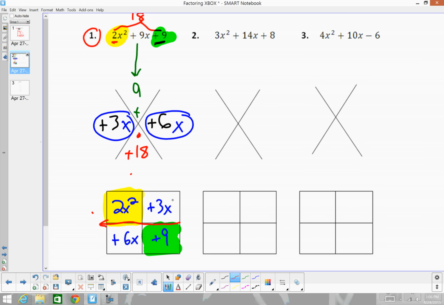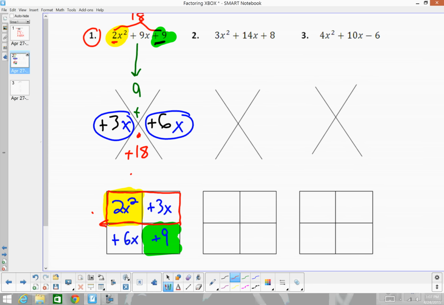So if I take out the greatest common factor, I'm going to go horizontally, and then I'm going to go vertically. So what does that mean? Right now, I want to look at these two boxes. I want to take out the GCF going horizontally, so that's from right to left. An important point is that I always want you to pull a GCF out left and up.